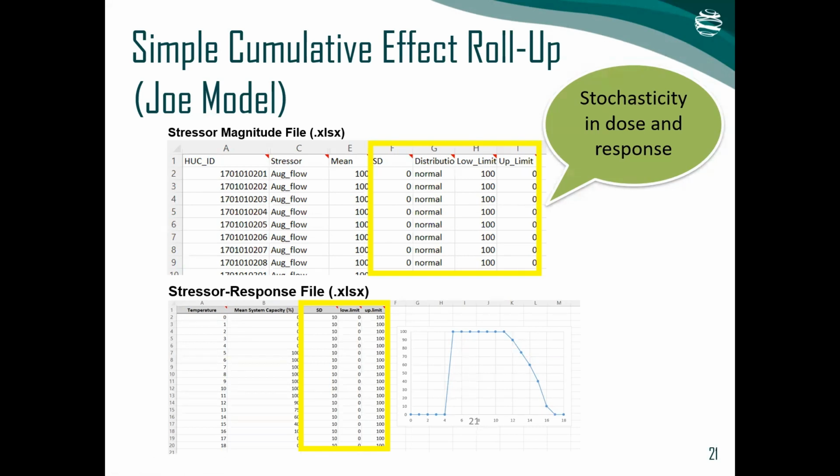We can see that it's actually represented in a long format rather than a wide format. So for this HUC number 170, there will be a stressor called August stream flows with a mean value of 100, and in this case, 0 standard deviation, but then a lower and upper limit for resampling. In the stressor response relationship, we also have a standard deviation and lower and upper limit.